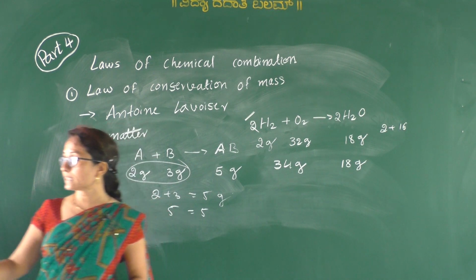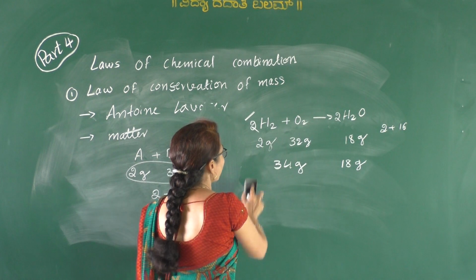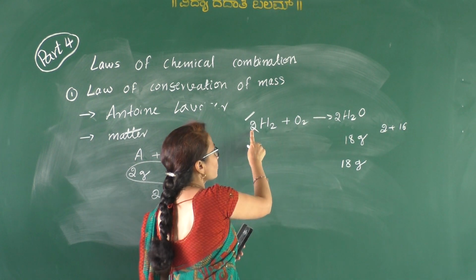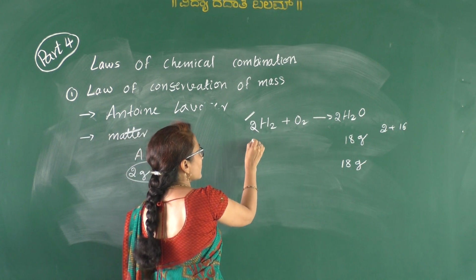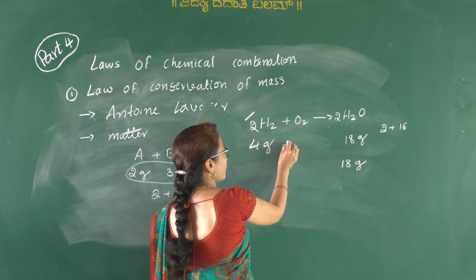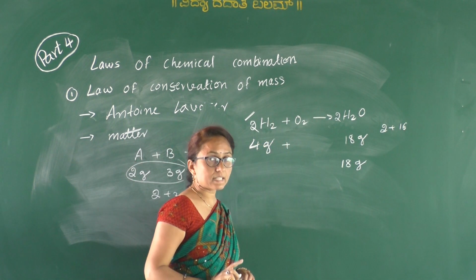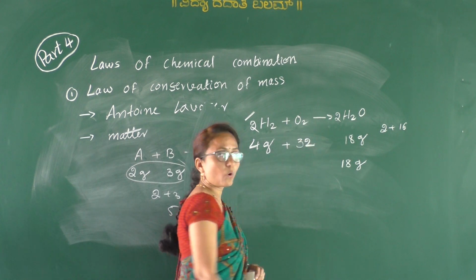So now calculate the masses of the reactants and the products. Here we have 4 hydrogen atoms. So 2 into 2, 4, therefore 4 grams of hydrogen reacts with oxygen, 16 into 2, that is 32 grams of oxygen.